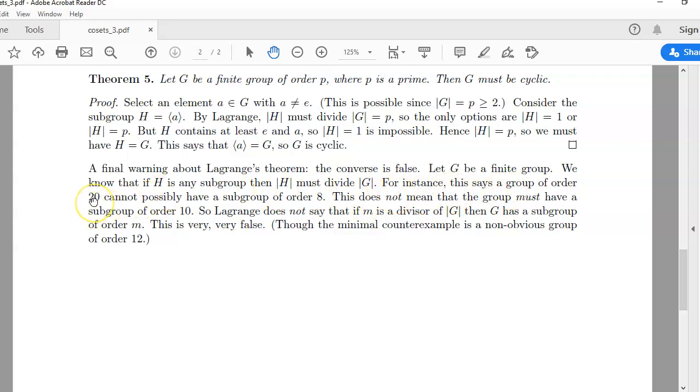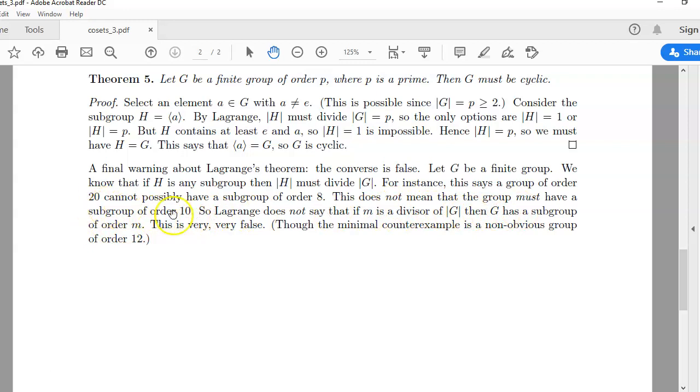If you had a group of order 20, there's no way in the world it can have a subgroup of order 8, because 8 is not a divisor of 20. So a group of order 20 cannot have a subgroup of order 8. It's impossible. But for a group of order 20, that does not mean that it will have a subgroup of order 10 just because 10 divides 20. That's not what it says.